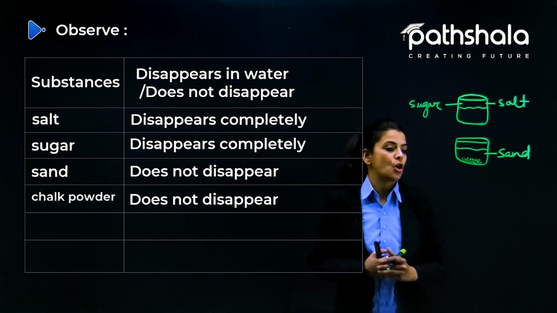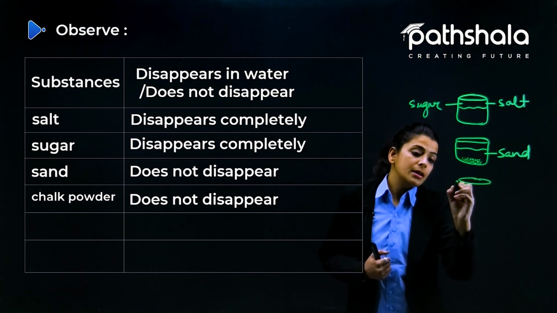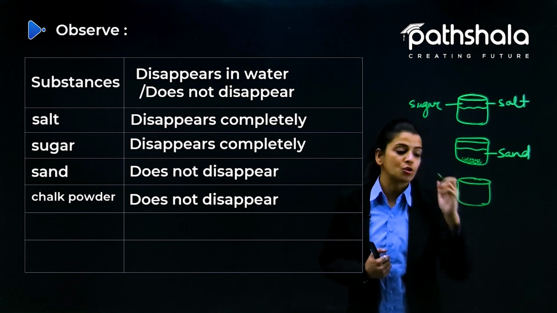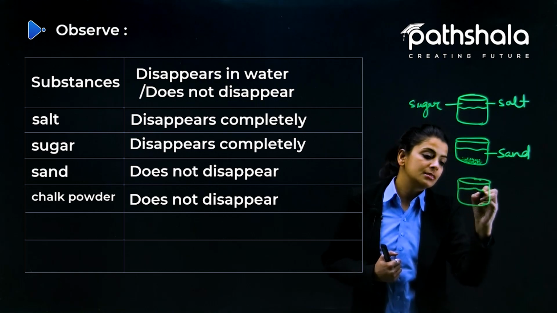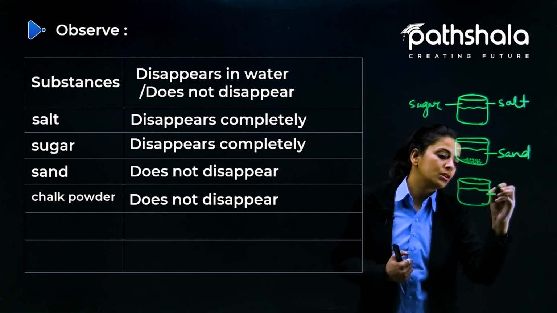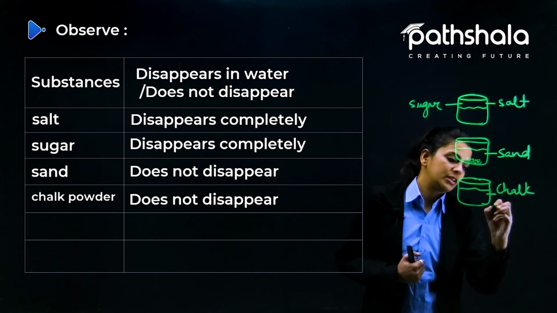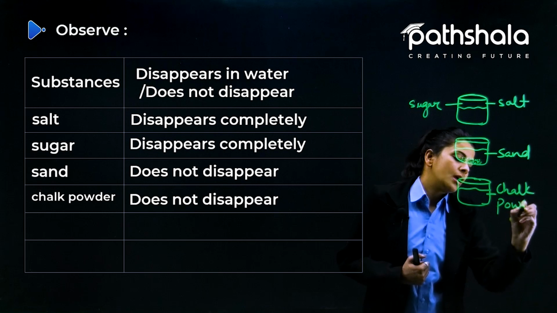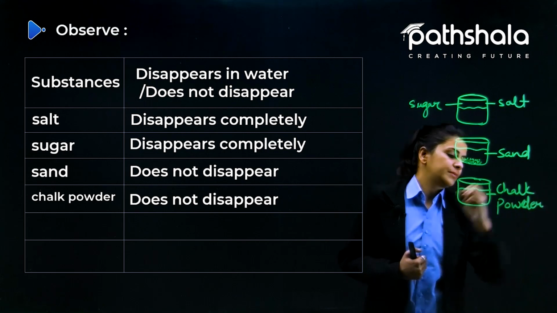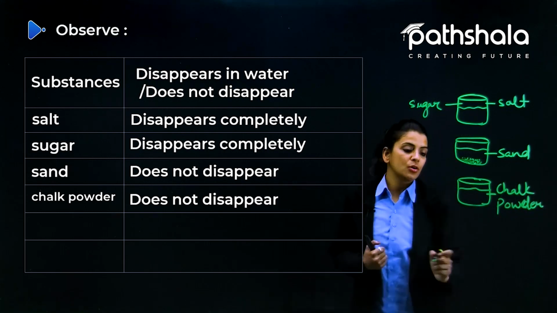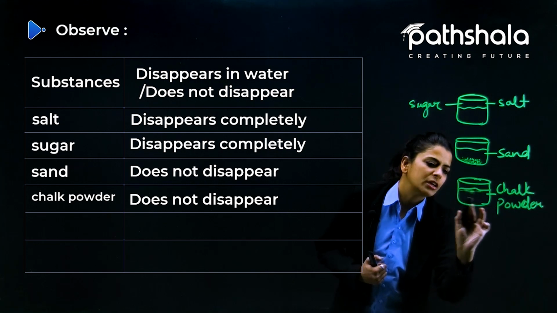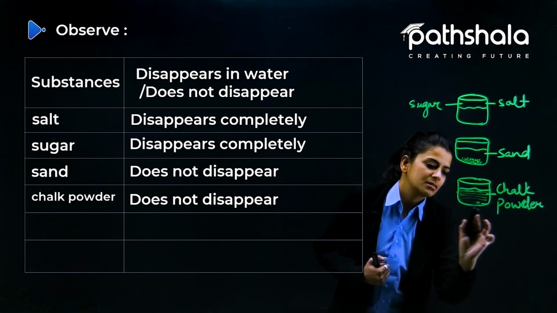Next we have chalk powder. So here is the beaker. I have put chalk powder in it. This is the level of the water I have just drawn. I am putting chalk powder in it. So how will it look? With chalk powder, it will give a cloudy appearance.